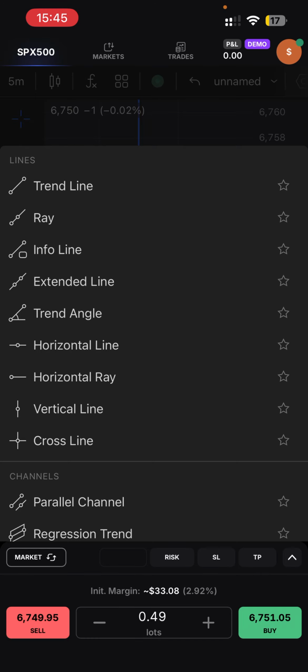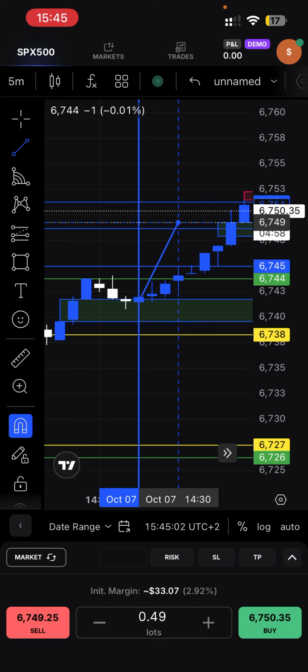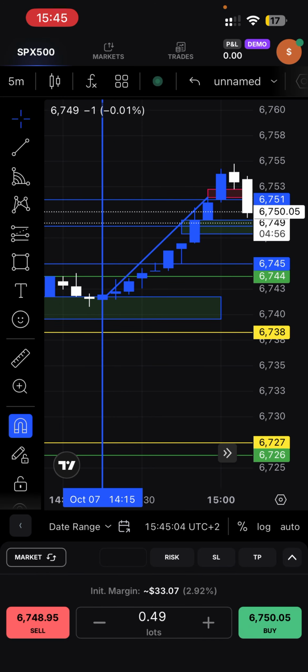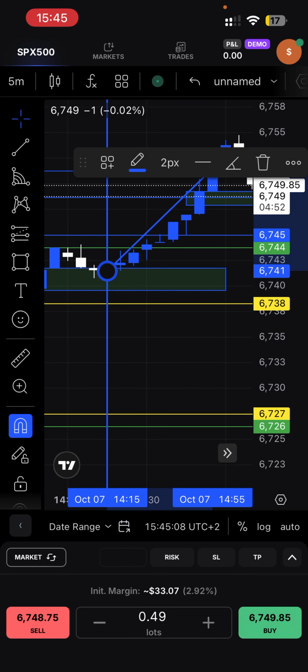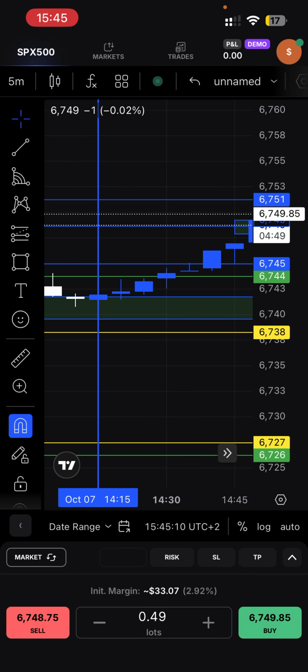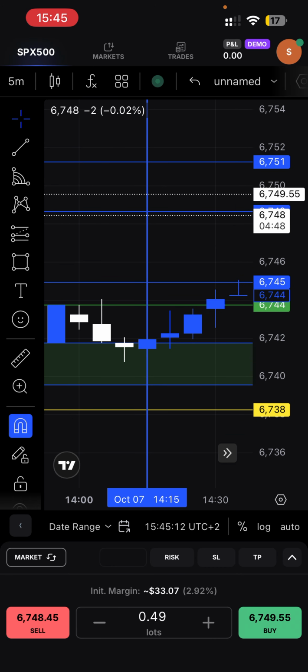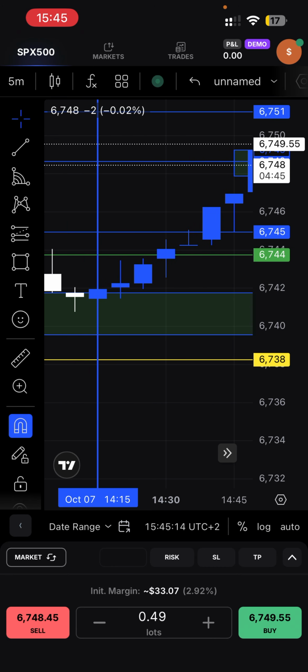If you look right here, this bullish trend, it was obvious. Oh, there's so many lines on the screen right now, I'm so sorry.